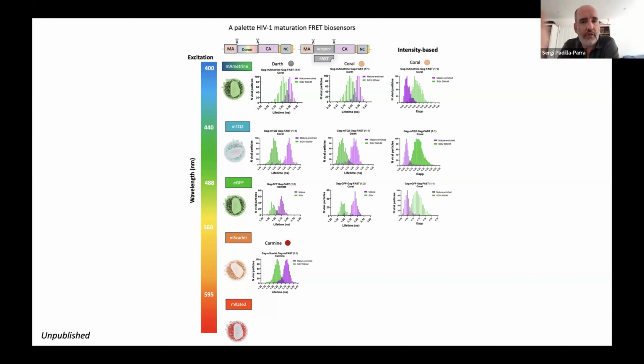This is also taking in mind that, for instance, when using HIV particles in cells or in tissue, it is going to be more attractive to have access to red and far red dyes that also work.